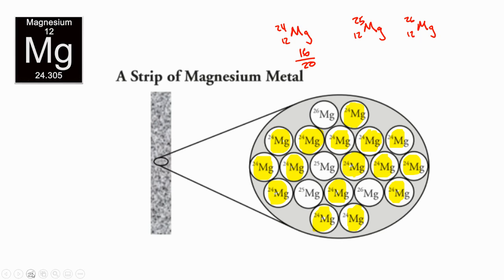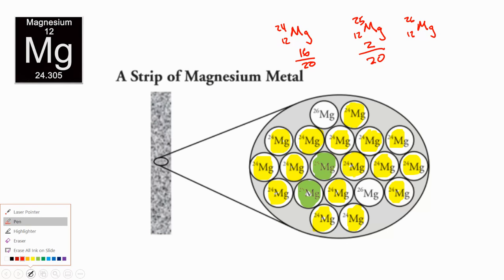If I go to count the other ones instead, let's say that we look at magnesium-25. I've got one, two atoms that are magnesium-25. So let's write that one down as well: 2 out of 20 are magnesium-25.